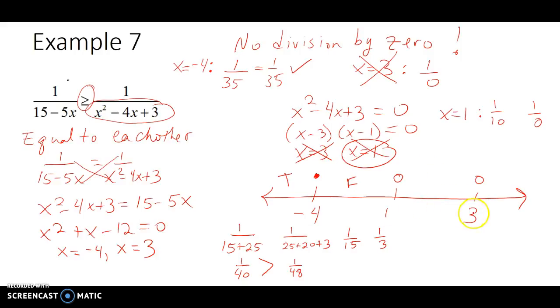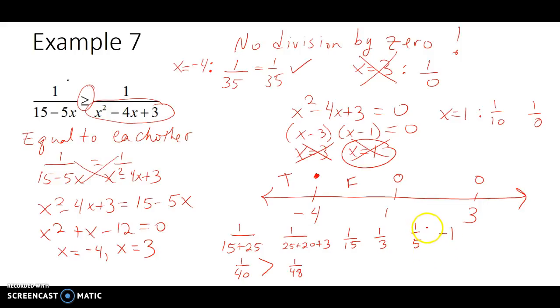Test a value in here, such as 2. I'd end up with 1/5 on the left compared to the right. Hold on, let me check that again. With 2, I end up with 1/5. If I put in 2 on the right, I'm going to end up with -1.